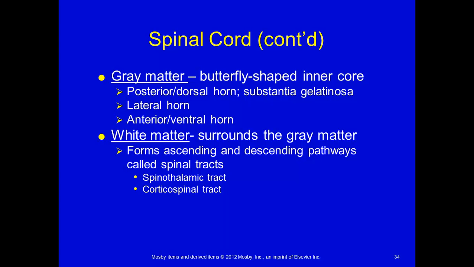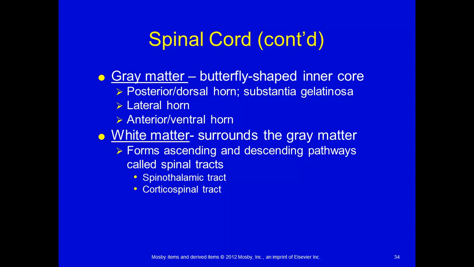So that being said, you have the spinothalamic tract and the corticospinal tract. Now, to make it easier for you, the way that these tracts are named denotes where they begin and where they end. So if you hear the term spinothalamic tract, is that an ascending or a descending pathway?